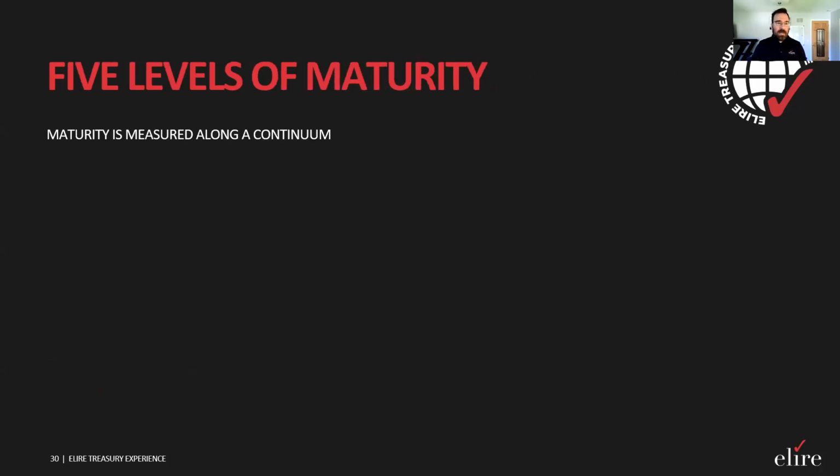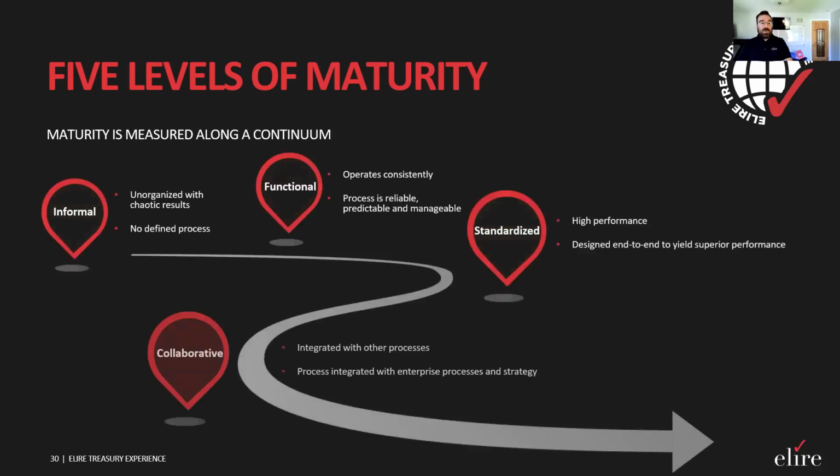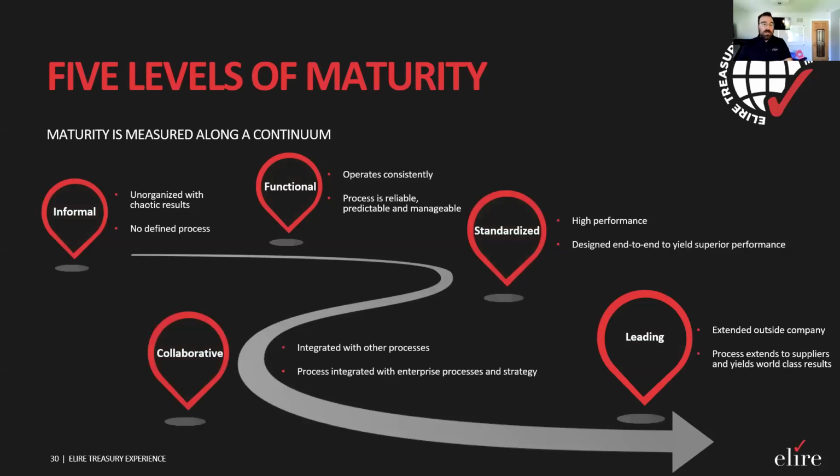And so again, to revisit this, how you measure yourself ultimately comes down to looking at whether your processes are informal, are they functional, do you have standardized processes that are end-to-end?